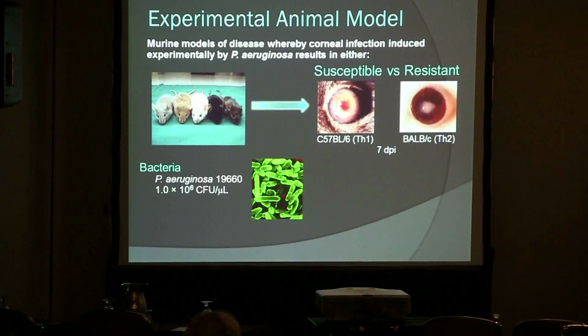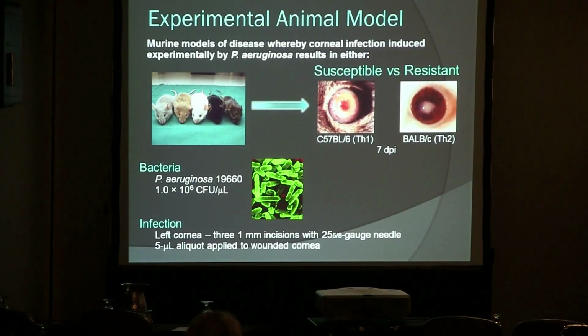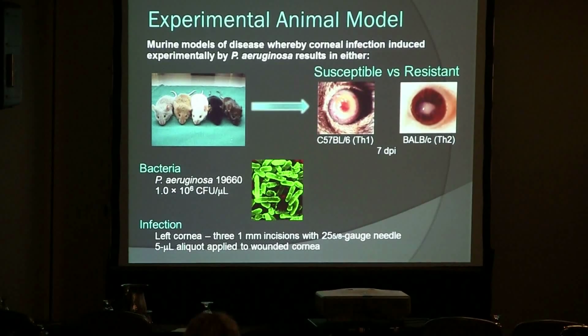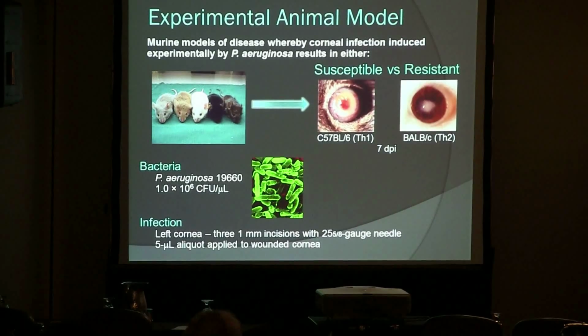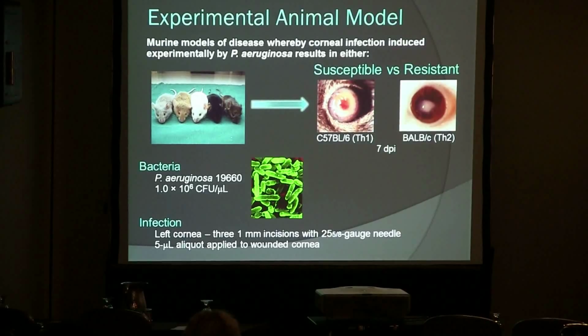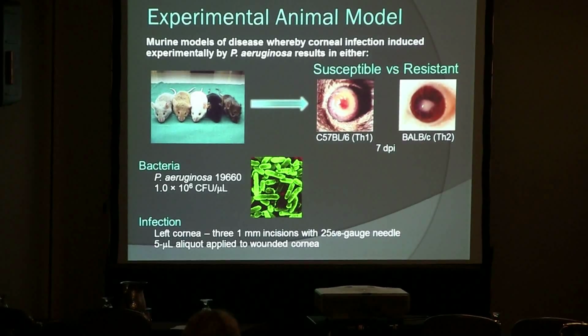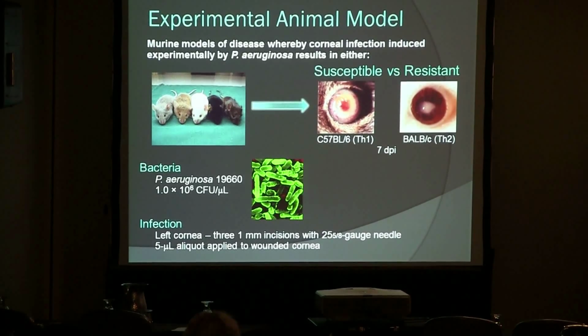We study bacterial keratitis using mouse models of disease, where we can infect the cornea using Pseudomonas aeruginosa. We chose Pseudomonas because it is one of the most commonly isolated pathogens in bacterial keratitis. In fact, it makes up about 70% of cases related to extended wear contact lens use.